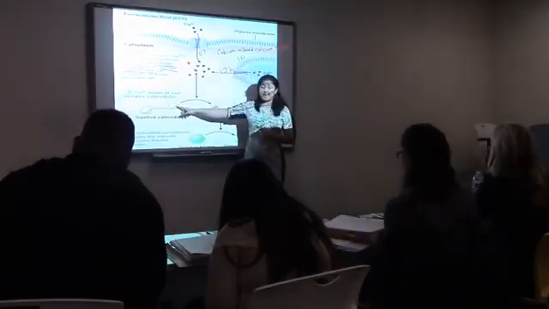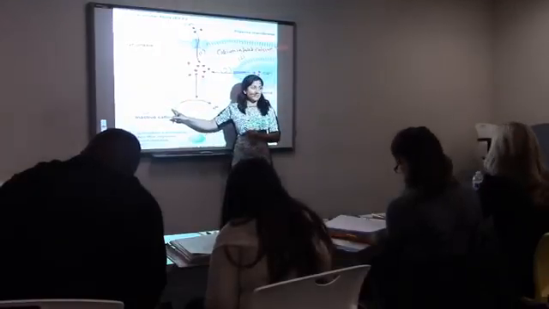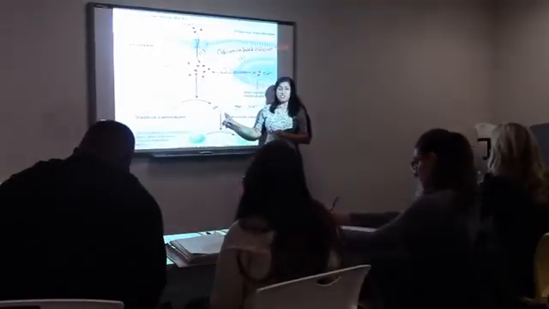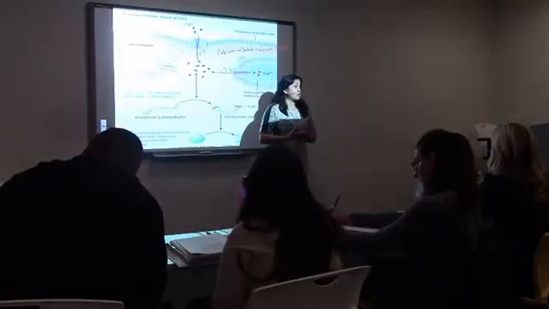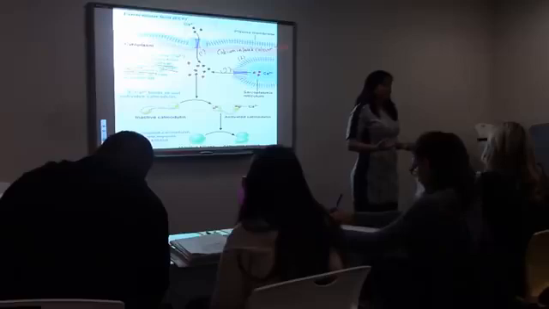Now, we have this inactive protein. This calcium goes and binds to calmodulin, activating calmodulin. Remember when we were learning about protein activators, one of them was a cofactor? Calcium was a cofactor.